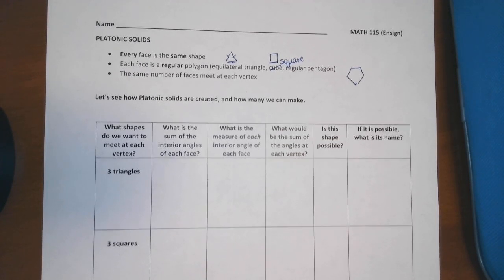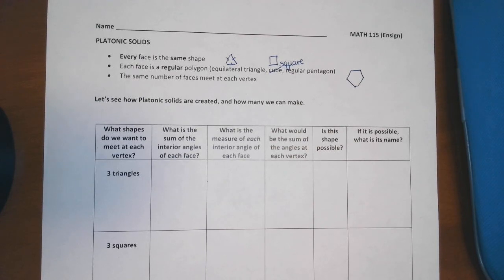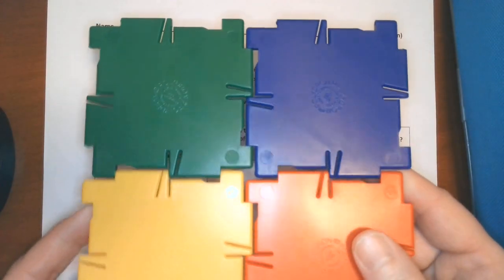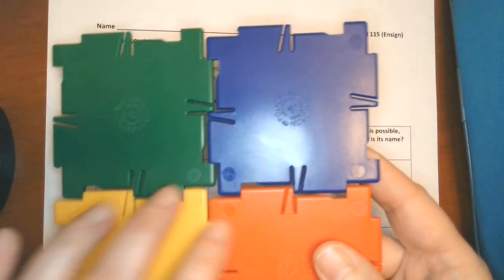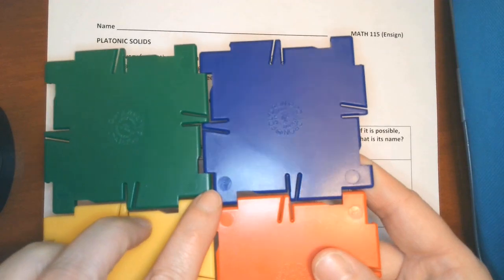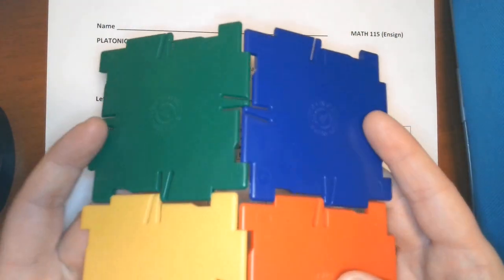What we can think about too, and we talked about in class a little bit: let's say I have these squares, and I put 4 squares together, okay? They're coming together around this vertex, but there's no empty space.